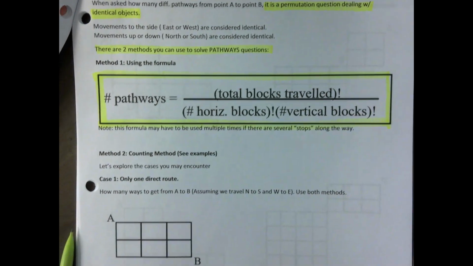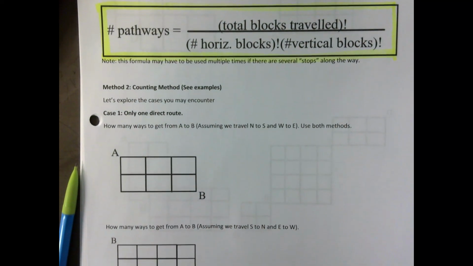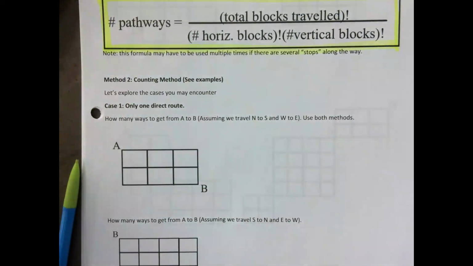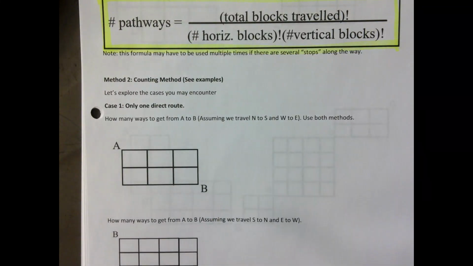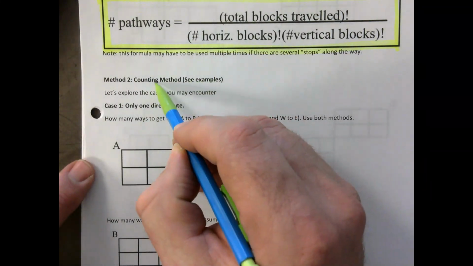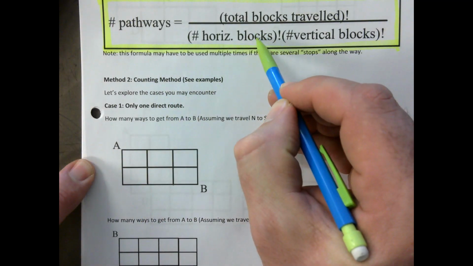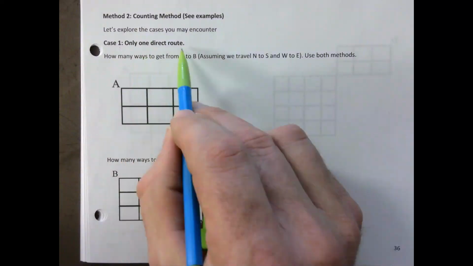We divide them out. And the second method is the counting method. I'm just going to show you examples of how that works. So we're going to use the counting method, and then we're going to verify with the formula. Here we go. Case 1, there's only one route to get there.